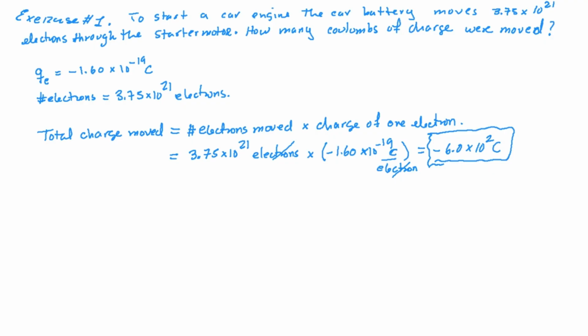Now, there is a second exercise that I would like you to think about before I just offer the solution. And in this exercise number 2, they say a piece of plastic has a net charge of positive 2.00 microcoulombs.